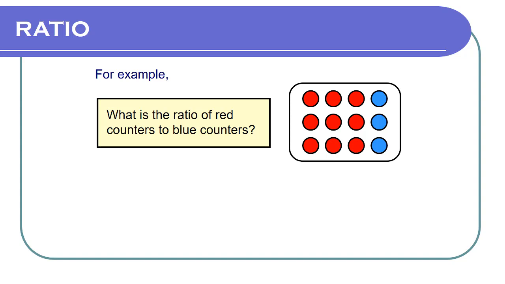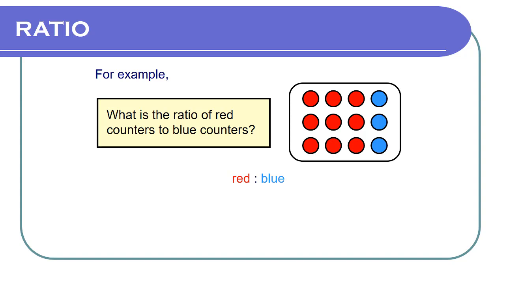Another example of ratio. For example, there are red counters and blue counters. If the question is what is the ratio of red counters to blue counters, you need to count the red counters and blue counters. Writing a ratio is based on the word order. If red comes first, then you need to write the number of red first.